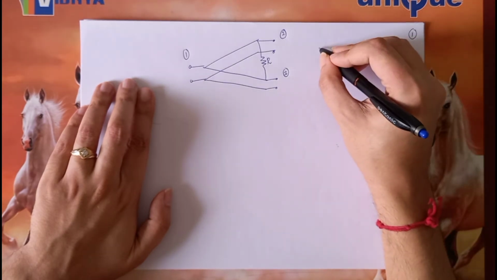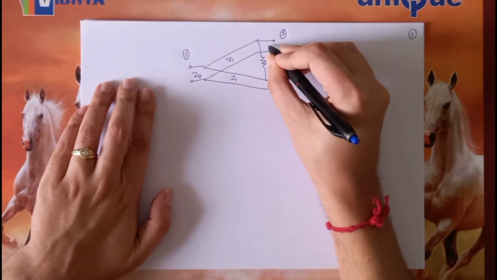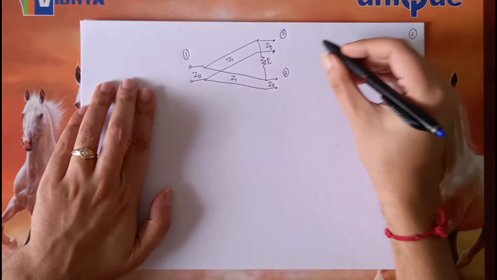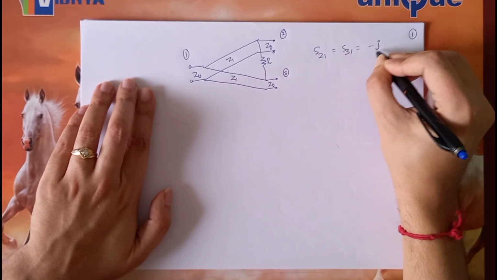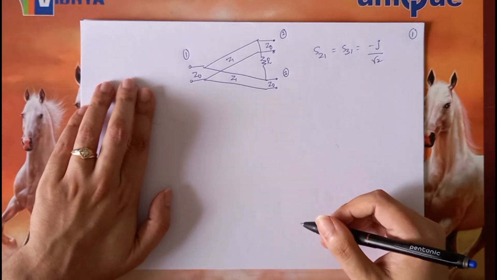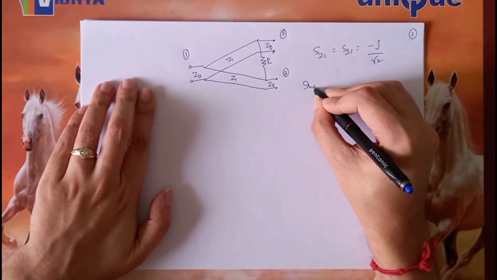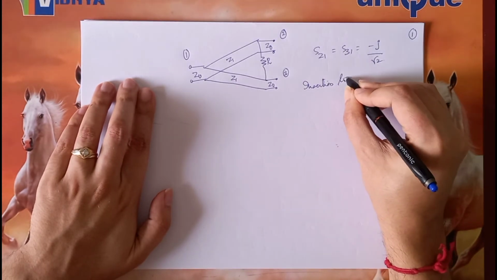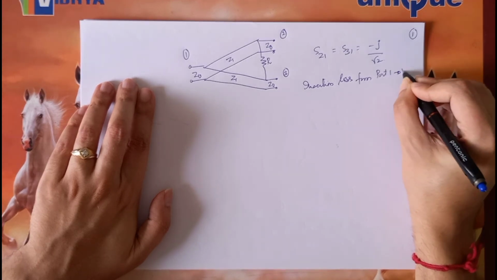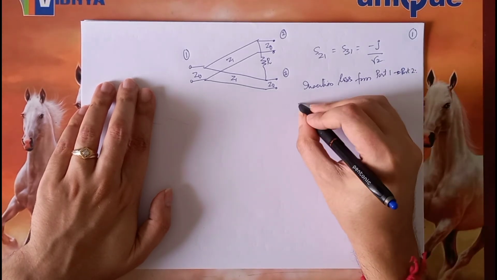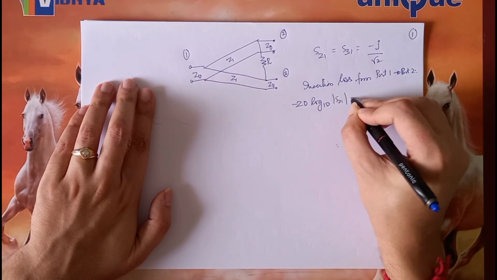What we saw was that in case of the Wilkinson, S21 and S31 were essentially equal to minus j by root 2. So if I now take the insertion loss from port 1 to port 2, that would be minus 20 log to the base 10 mod of S21.